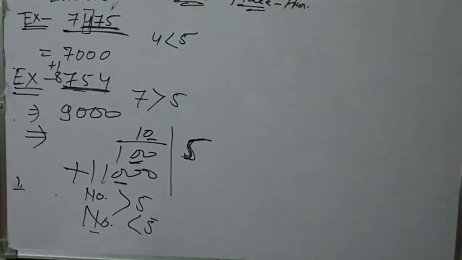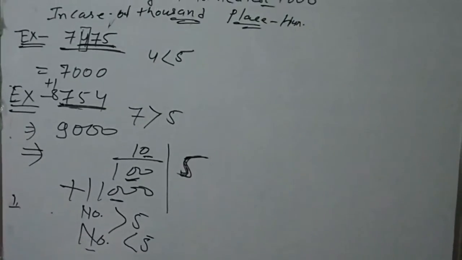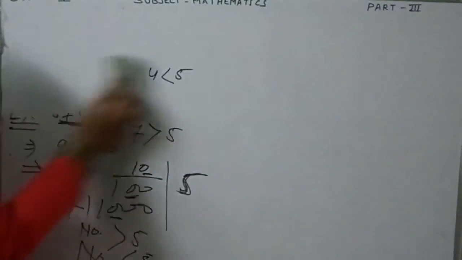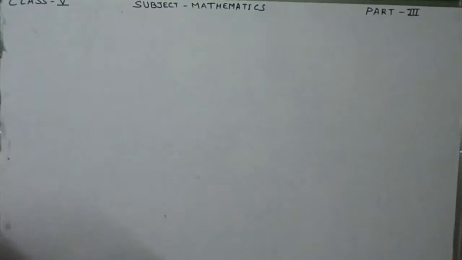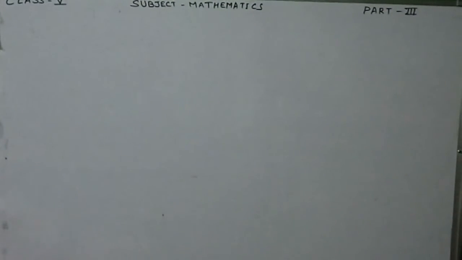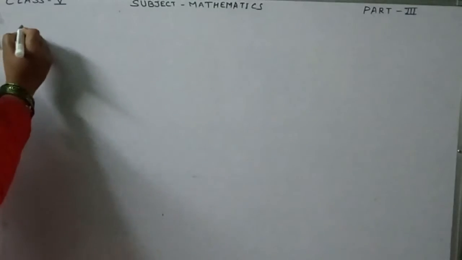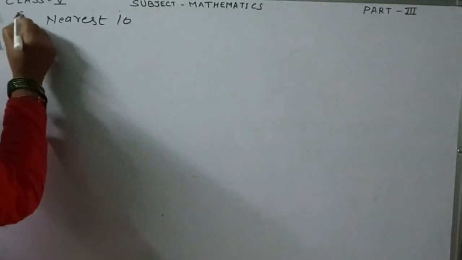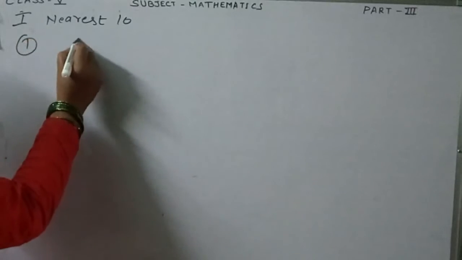Okay. Now I will take one question from your book. See, the first question is to find the nearest 10 of the given number. First is 62.